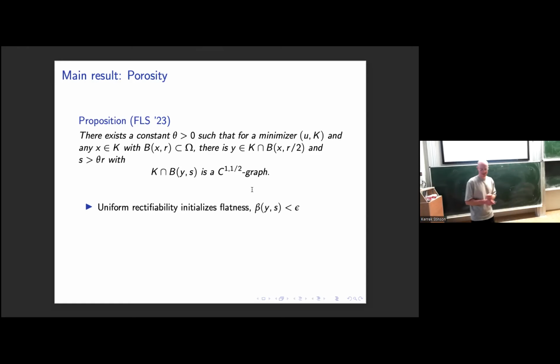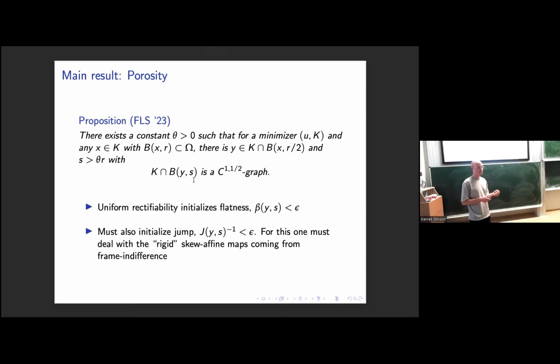As maybe been hinted at before, what we show is that if you have a minimizer and you take a point on the crack, you can find a neighboring point such that the crack in a small ball centered at the neighboring point is a smooth curve. As I said, uniform rectifiability is used to initialize flatness.